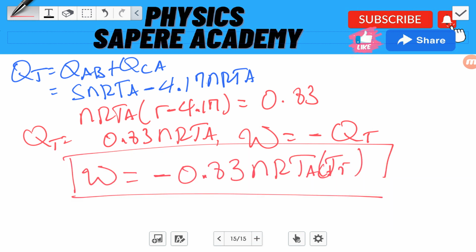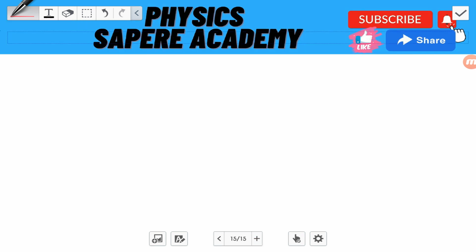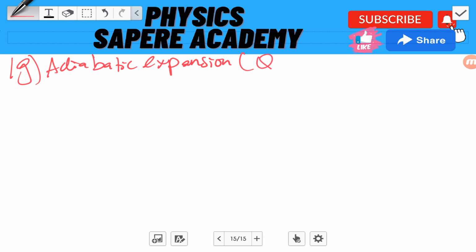Now let us also jump to question number 19. Question number 19 says during an adiabatic expansion, the value of q equals to 0. The number of moles is 0.1 mole.